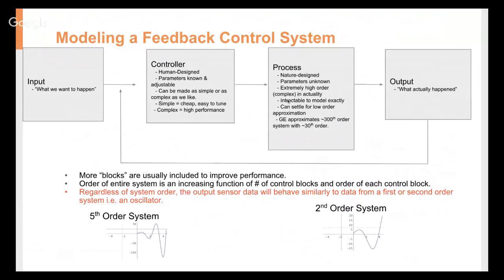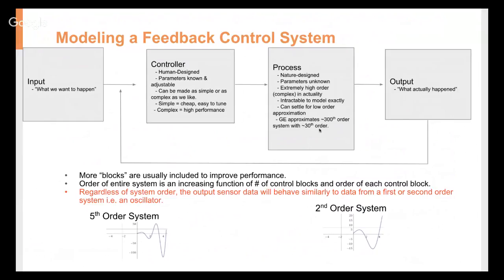And the controller can be made as simple or as complex as the company would like. Simple ones are cheap and easy to tune, which probably explains why PID is still used even after so many years that it's been around. But if you make it complex, you can get high performance, but it's no longer cheap or easy to tune. In practice, processes are very high order.